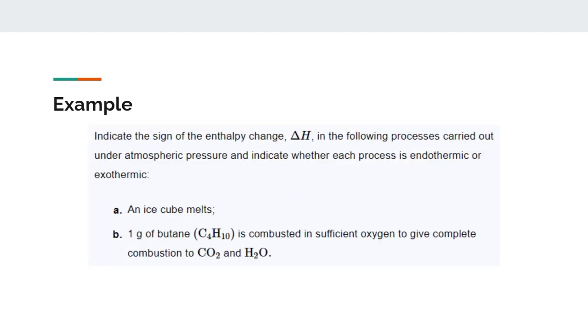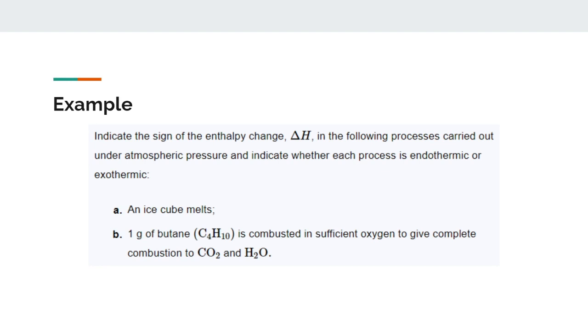So in this example, we're going to want to indicate the sign of the enthalpy change, delta H, in the following processes carried out under atmospheric pressure, or constant pressure, and indicate whether each process is endothermic or exothermic. So because it's under atmospheric pressure constantly, delta H is going to equal Q, just like we determined on the previous slide.